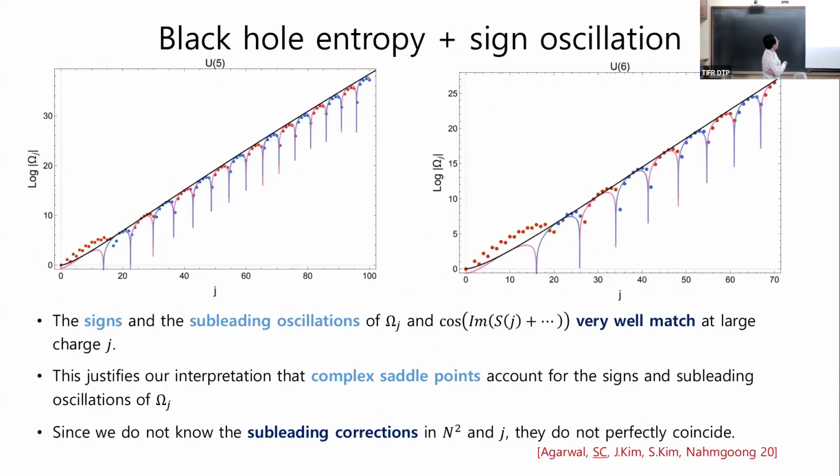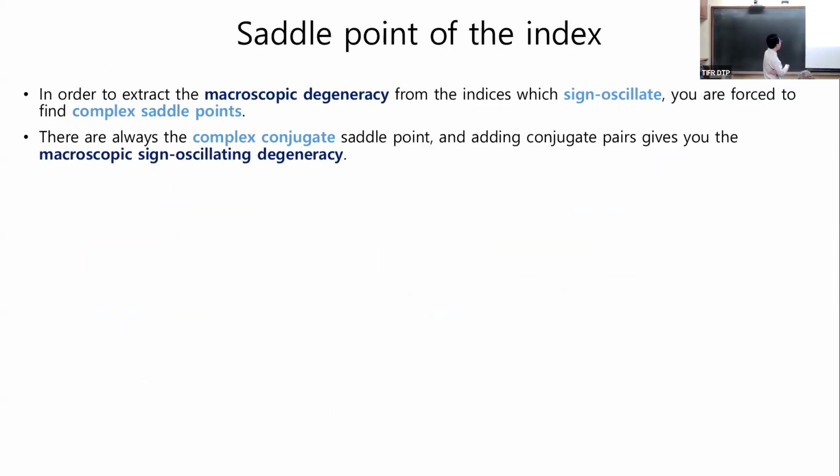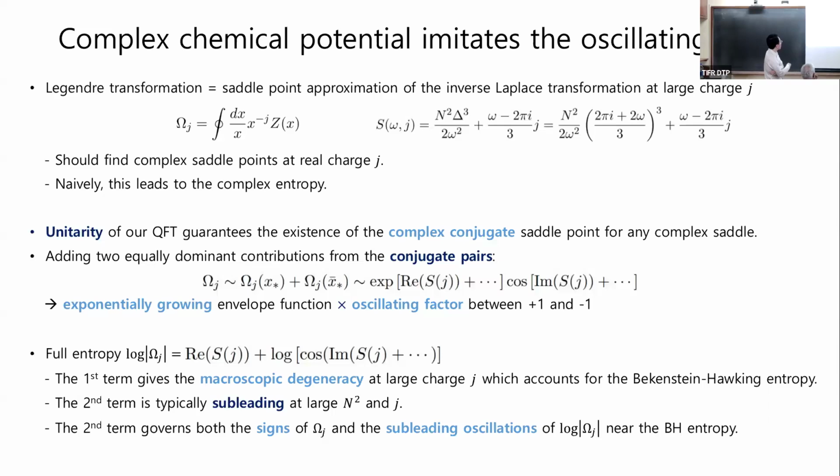Okay, so as I said, the sine and subleading oscillations using this cosine function match very well now. And this justifies our interpretation that complex saddle points of the Legendre transformation should account for these sine and subleading oscillations of omega j. The saddle point you're talking about is the saddle point of the Legendre transformation.